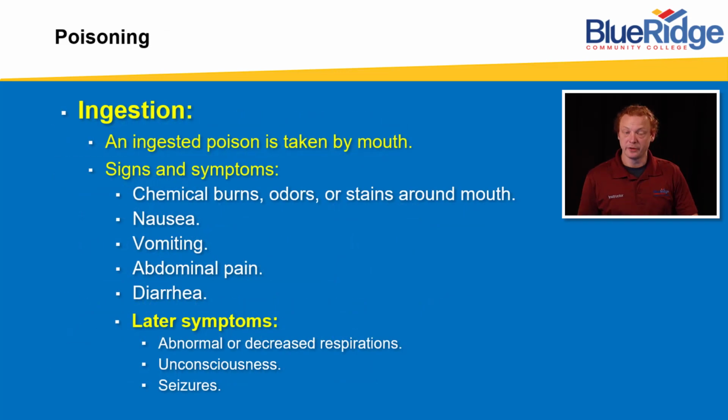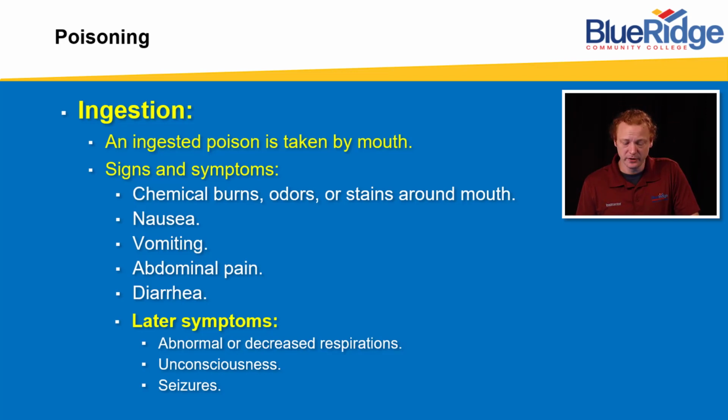Young children are very curious and often like to sample contents of brightly colored bottles or cans or berries or pills. Two of the most common types of poisoning in children are those caused by ingestion or absorption. An ingested poison is taken by mouth.